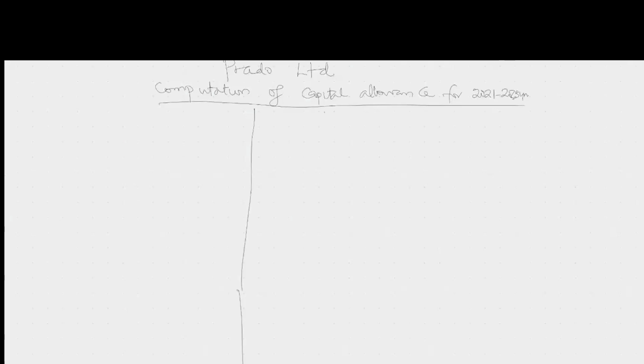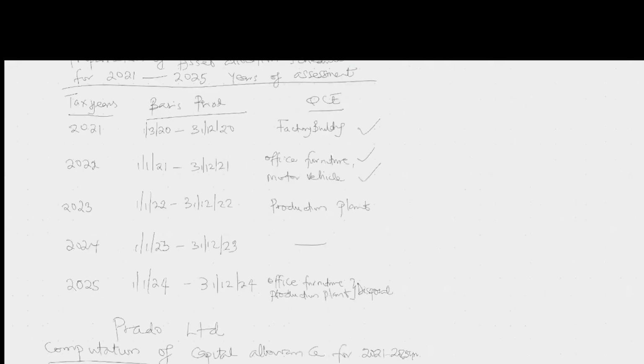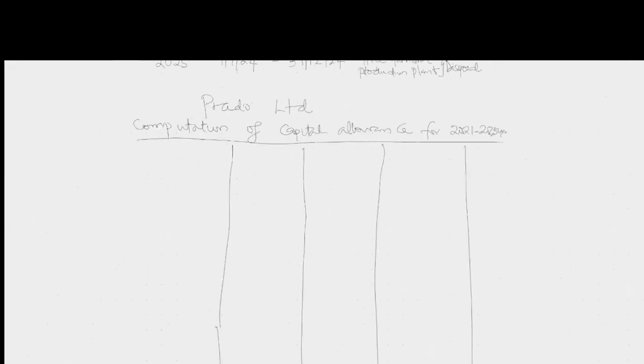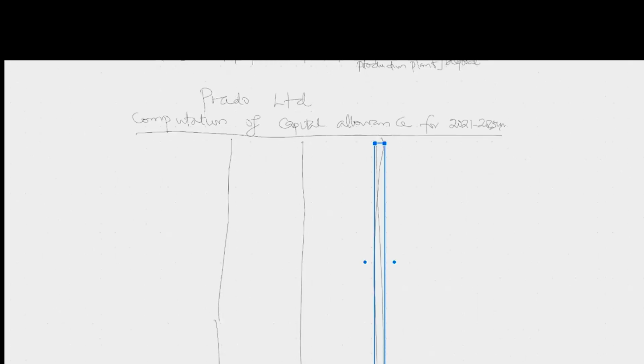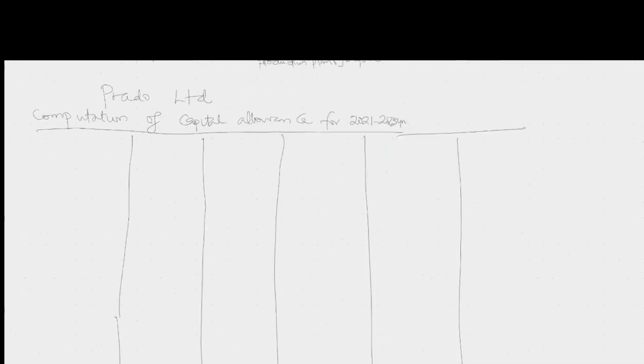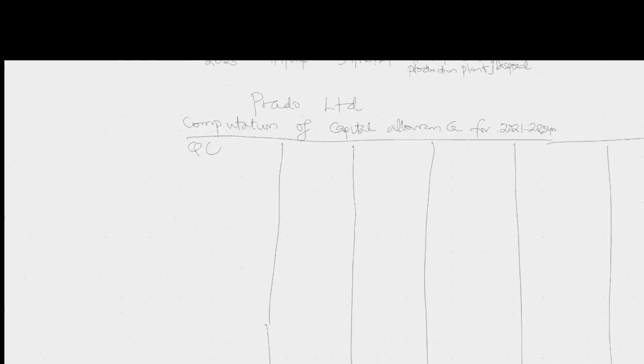How many assets do we have? 1, 2, 3, 4. 4 assets. Capital allowance rates: the examiner will give you these rates.